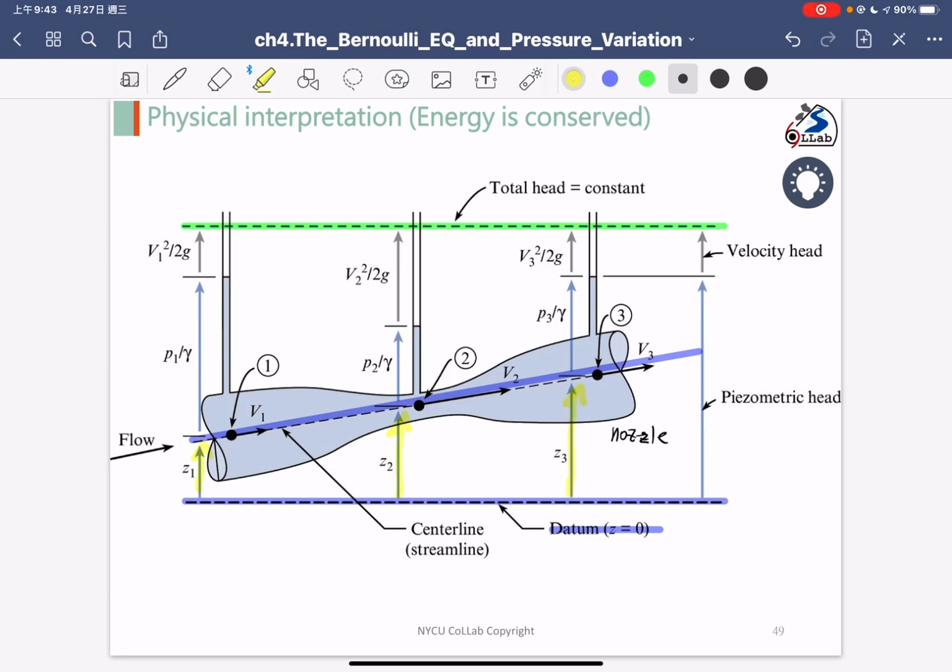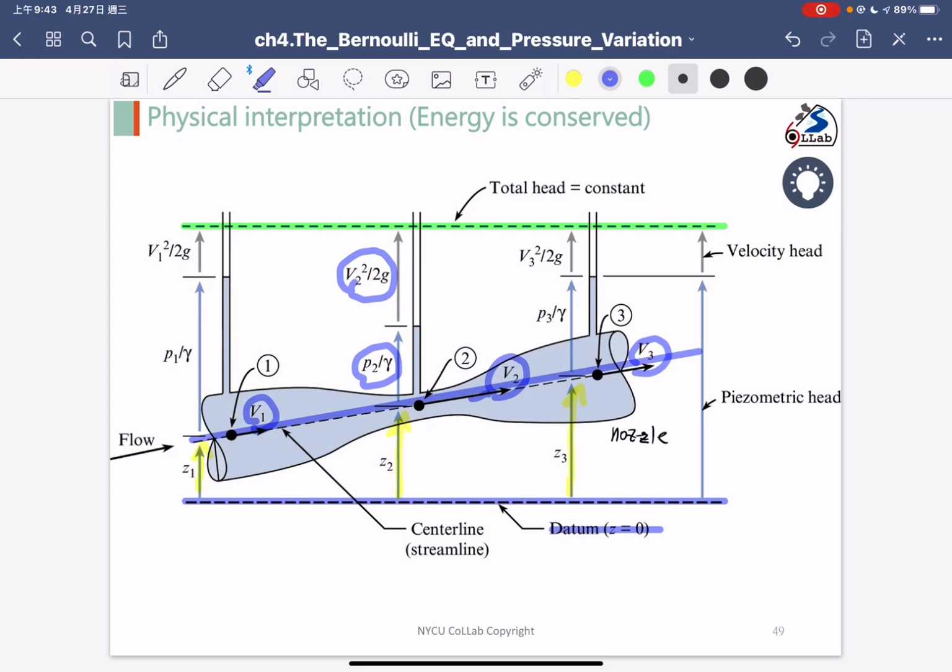But here, what is the velocity? We have velocities V1, V2 and V3. Where is the largest one? You see V2 is the largest one, so we have the largest velocity head, but we have the smallest pressure here. In the previous exercise, I always emphasized: why does low pressure happen?